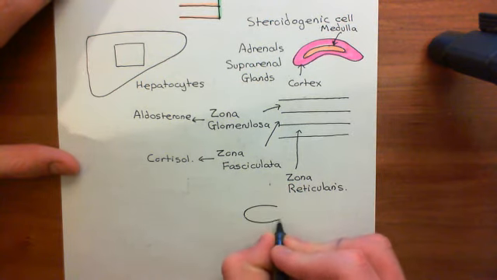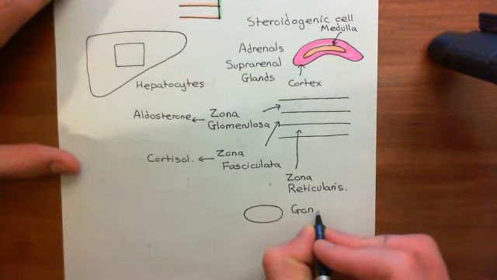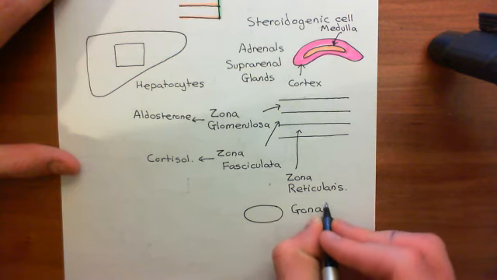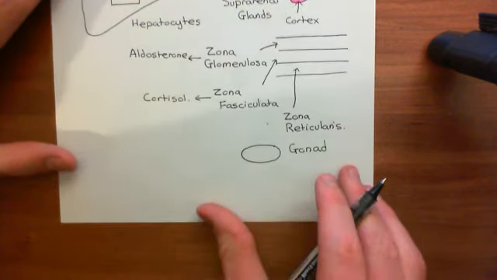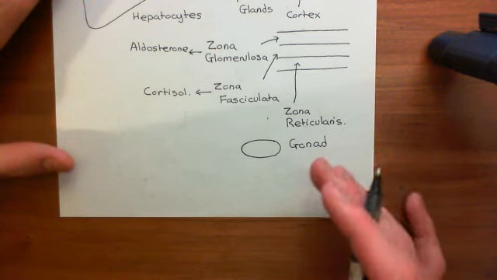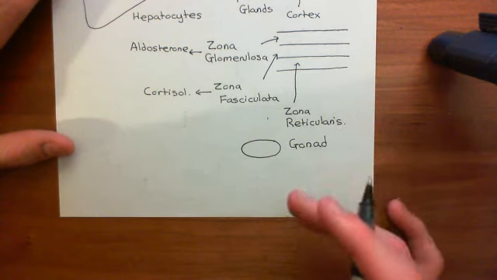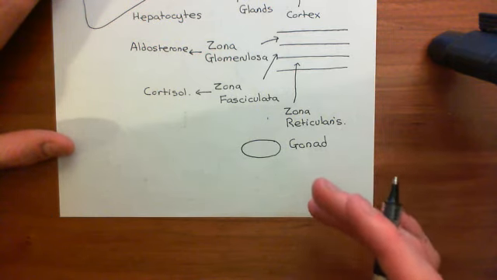gonads, basically. Gonad means either a testis or an ovary. These also secrete sex hormones. The testes secrete large amounts of androgens, the ovaries secrete estrogens and progestogens.